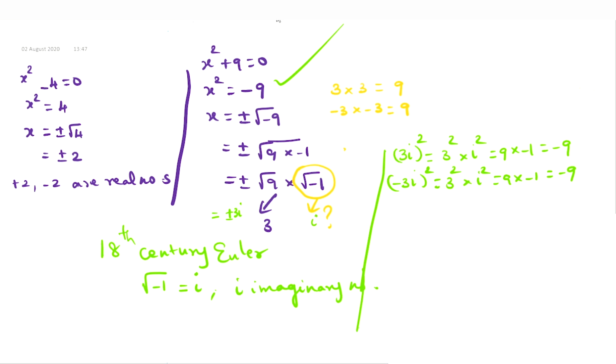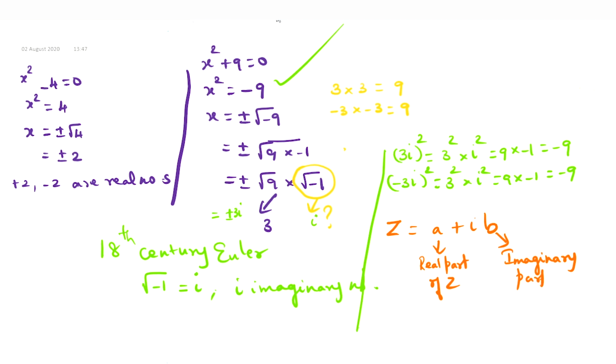Okay. So a complex number is defined as Z is equal to a plus ib. Right. So here a is the real part of Z, and b is the imaginary part of Z. Here a and b are real numbers.